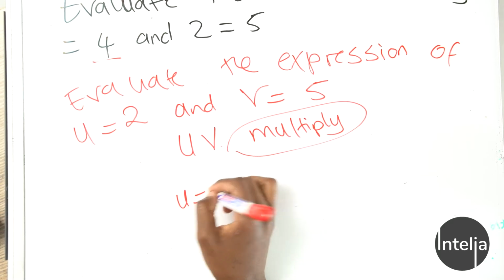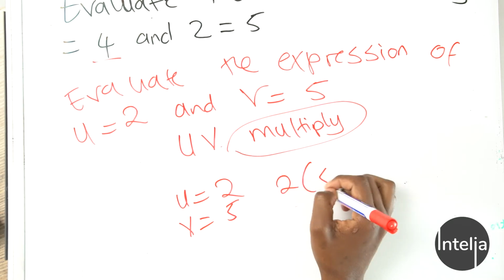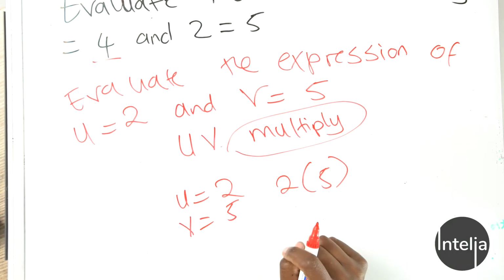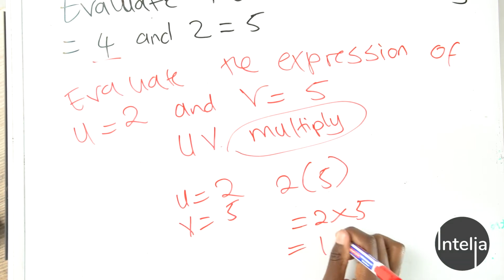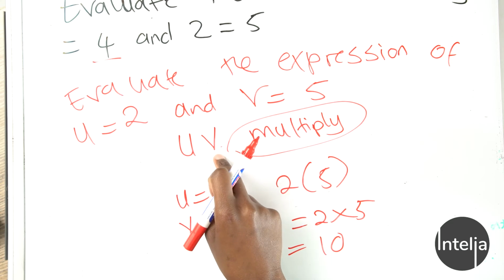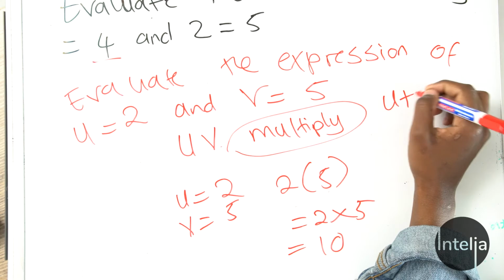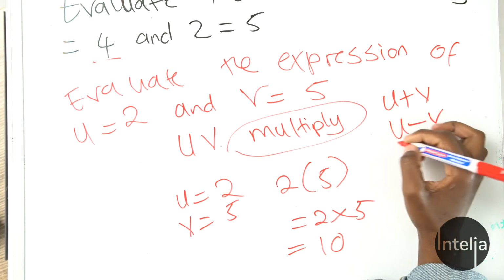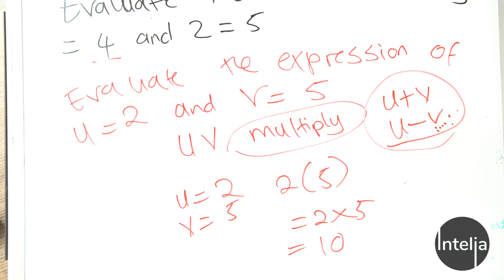So our u is equal to 2, our v is 5. So you say 2 bracket 5. Remember, the bracket simply means multiplying. So 2 bracket 5 is equal to 2 times 5, which is equal to 10. So this is how you do the evaluation of uv. Always find the keywords, which is it uv, is it u plus v, is it u minus v. Always know these keywords, what you're going to do. Like here is uv, so you're simply going to multiply.